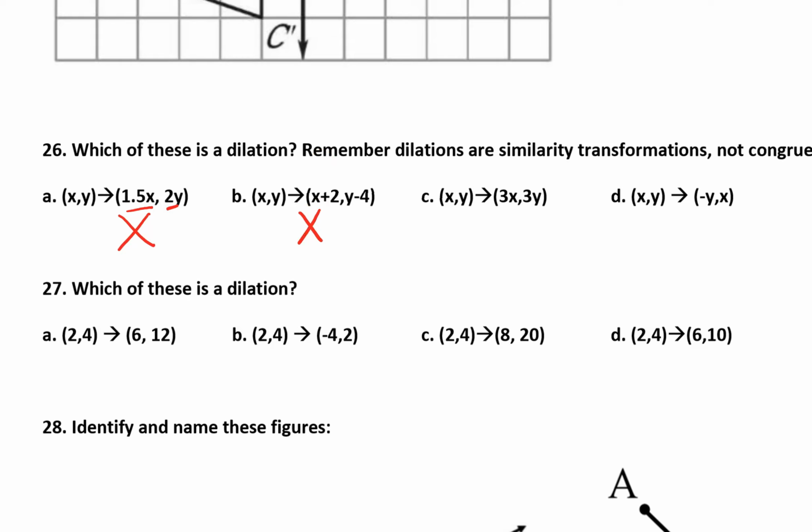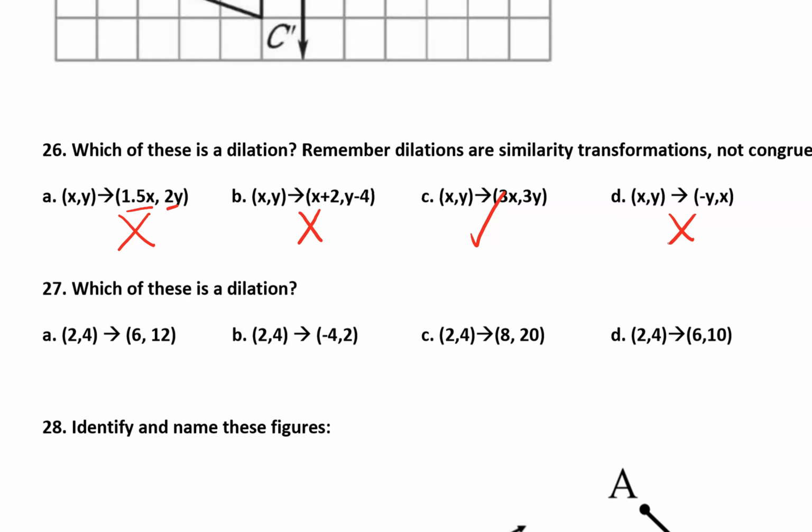That's going to be a translation. If I multiply it by 3 and multiply it by 3, that's consistent. That would be a dilation. And here, of course, not. You've switched their places.